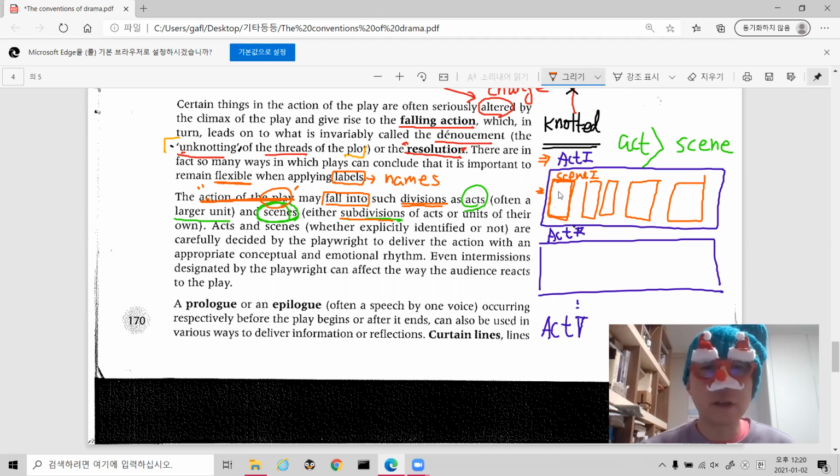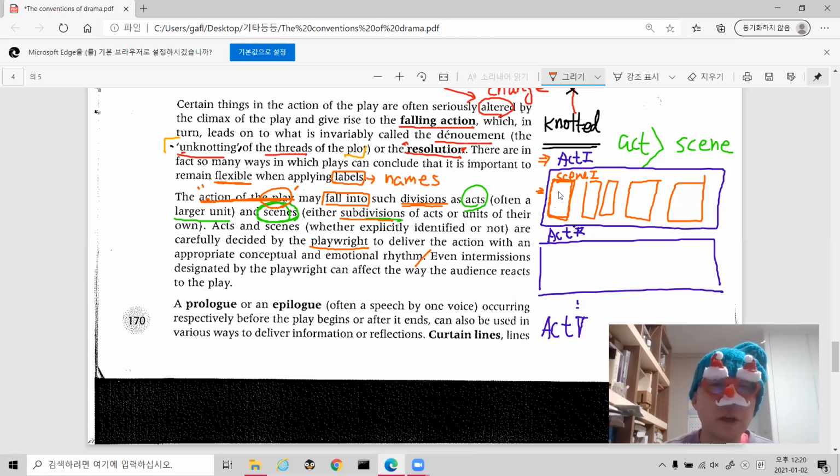Okay. So acts and scenes, whether explicitly identified or not, are carefully decided by the playwright to deliver the action with an appropriate conceptual and emotional rhythm. So when the writer is dividing these acts and scenes, they are not just doing it randomly.